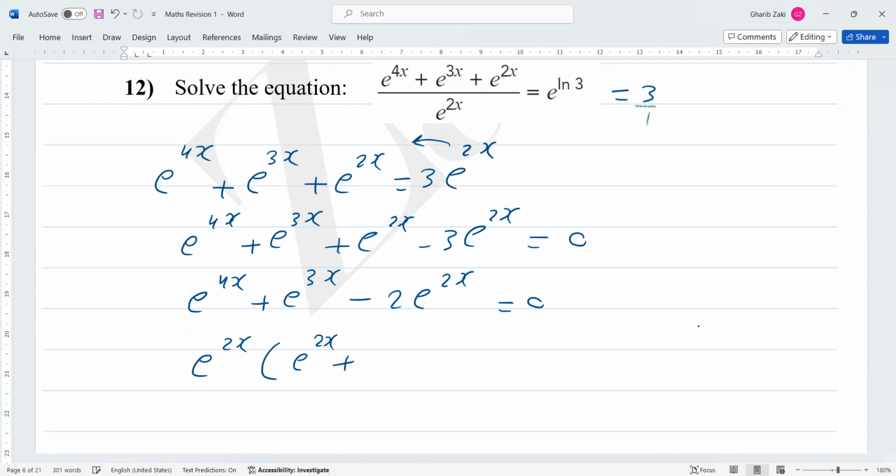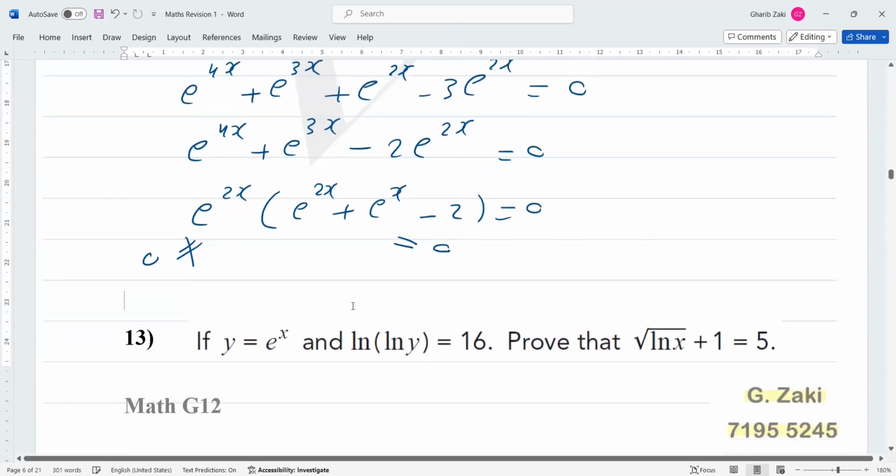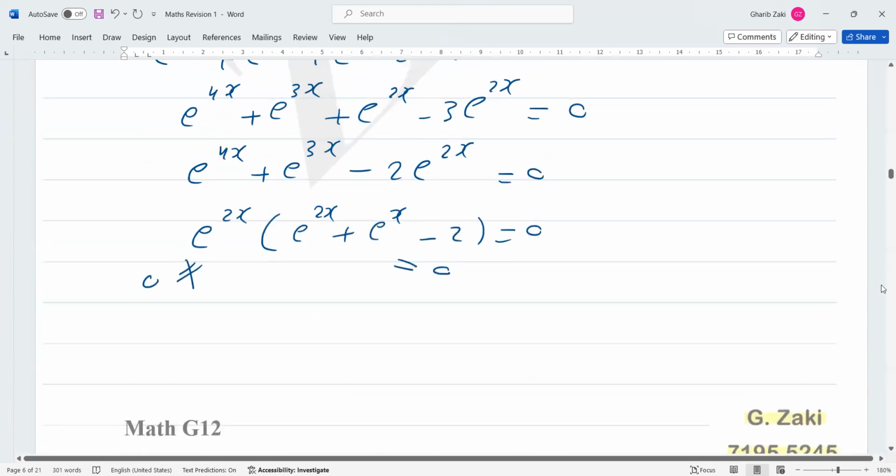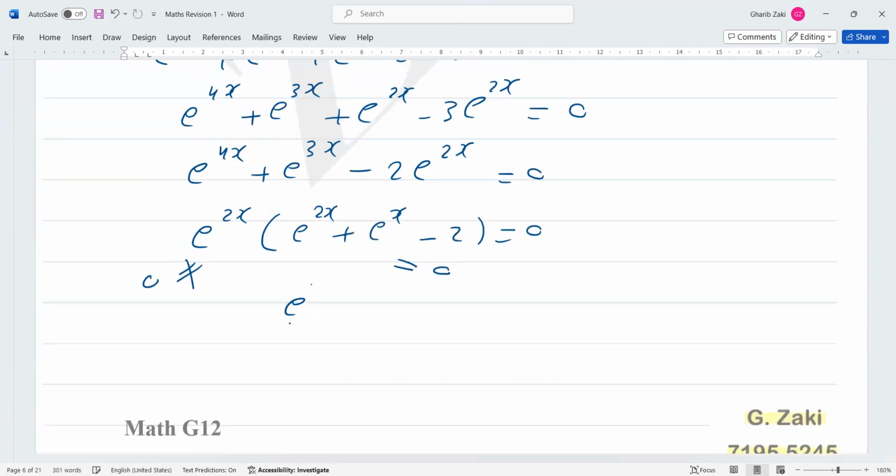Plus 3x divided by 2x, it's e power x, minus 2 equals 0. E power 2x cannot be 0. Then this bracket equals 0. Then we solve this bracket here. So e power 2x plus e power x minus 2 equals 0.